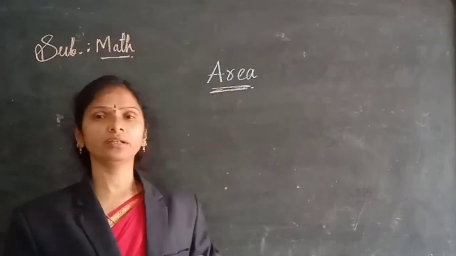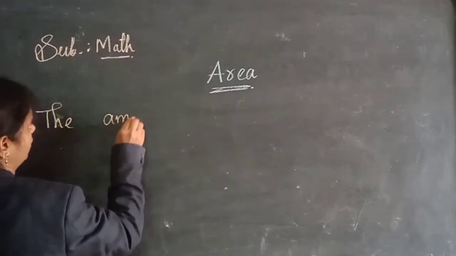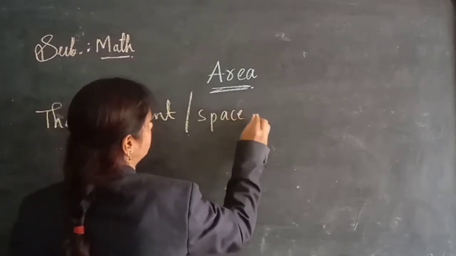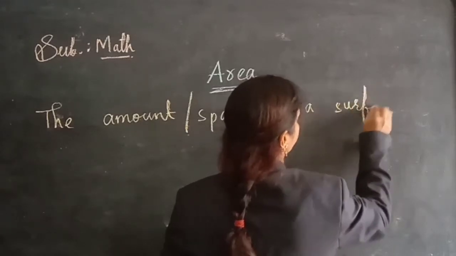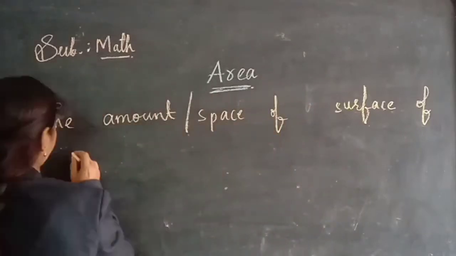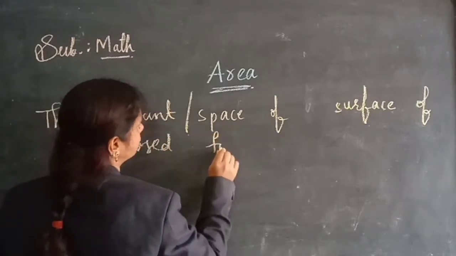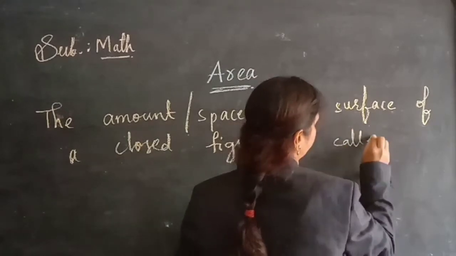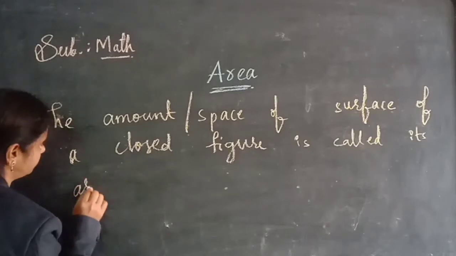Yeah children, how can they define the area here? Area means the amount or space of a surface of a closed figure is called its area.